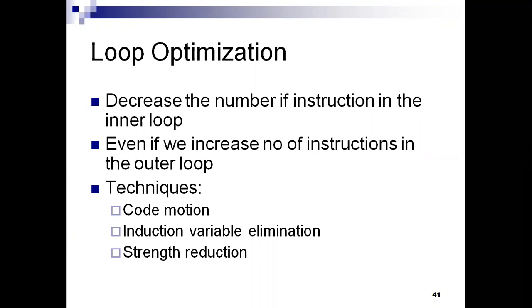In the program we have an inner loop and an outer loop section, so when you decrease the number of instructions in the inner loop, they must be placed outside of the loop. So we are increasing the number of instructions in the outer loop by decreasing the number of instructions in the inner loop. That's the technique, and that's the advantage of this optimization technique.